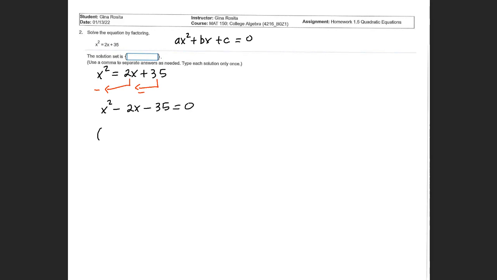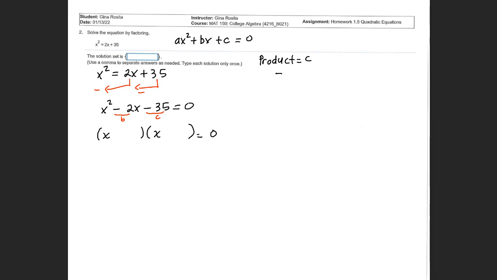So you can just go directly and put like this because a equal 1. So put x, put x. Now look at b. B is negative 2, c is negative 35. So find the product. Write down over here: product equals c.